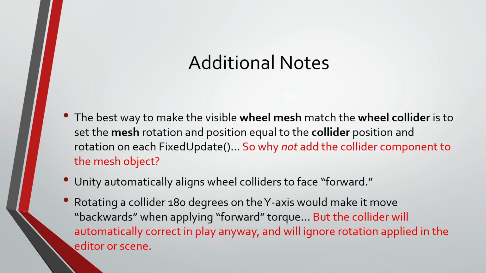Okay, so for some additional notes, the best way to make the visible wheel mesh match the wheel collider is to set the mesh rotation and position equal to the collider position and rotation on each fixed update. So why not add the collider component to the mesh object? Well, if we match it with code, the wheel collider as a component on an object might change relative to that object.